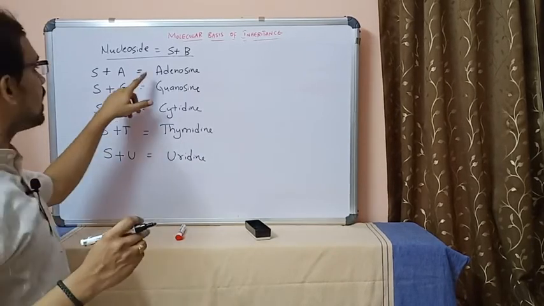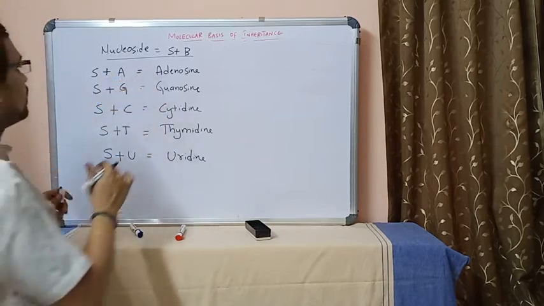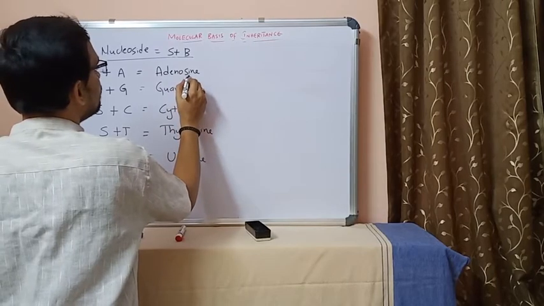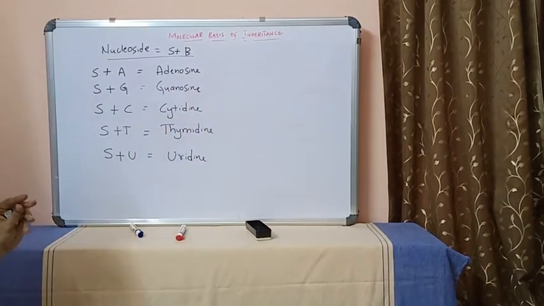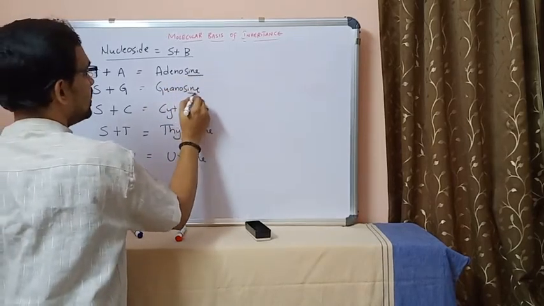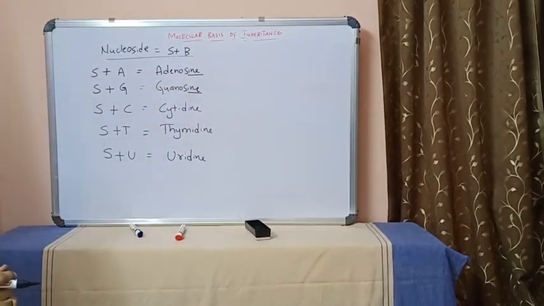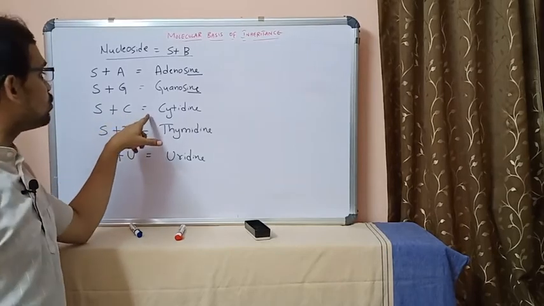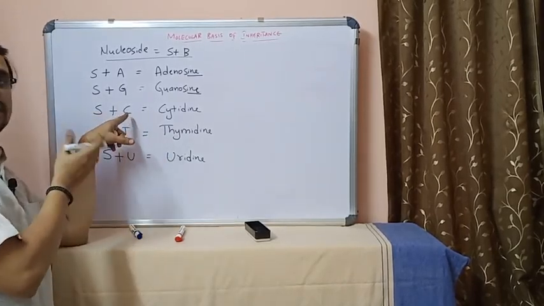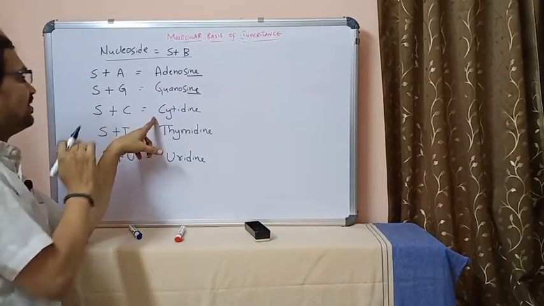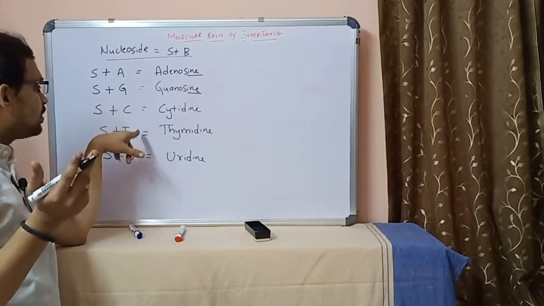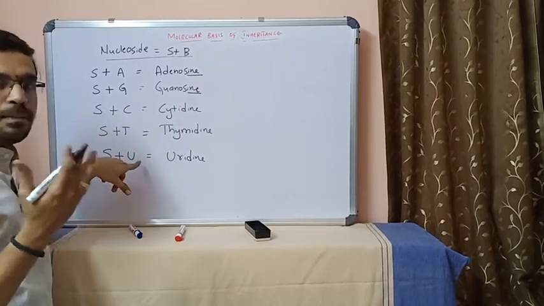If you keenly observe all these different types of nucleosides, adenine and guanine are purines. The suffix in purine is INE, so you can find INE here, INE here. Cytosine, thymine, uracil are pyrimidines, so the name is not kept the same; cytosine becomes cytidine.